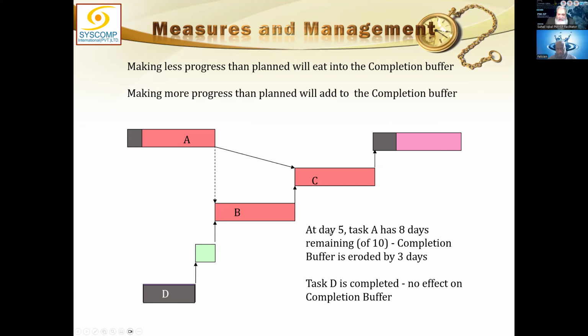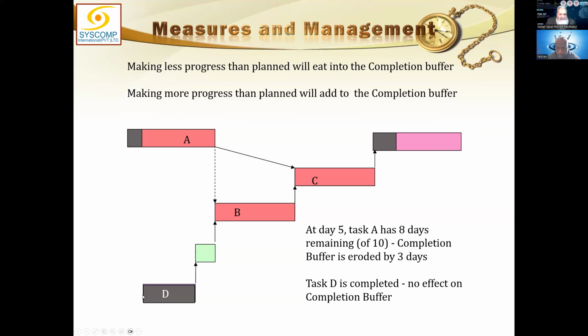And it says that at day 5, task A has 8 days, meaning we have consumed this much buffer. So this much buffer has been taken out of this place. And this activity, task D, is completed, no effect on completion buffer.